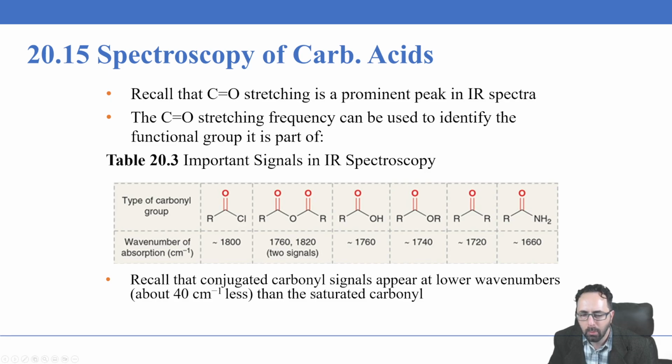And remember that what we have here are these conjugated carbonyls. When they're conjugated, that spreads out the electron density, right? And so here we get lower and lower wave numbers for these.